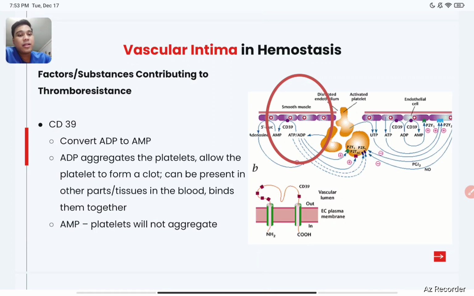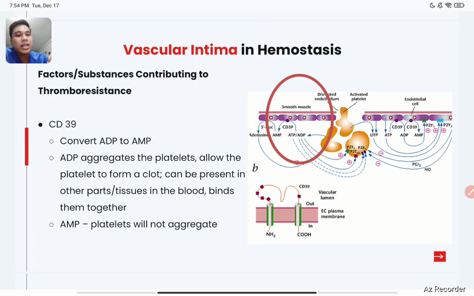ADP is a dense granule, and ADP activates your platelet. So, kapag na-touch niya si platelet, na-activate ngayon si platelet. Pero kung AMP yung meron, walang platelet activation na mangyayari. That's why your CD39 acts to convert ADP to AMP.